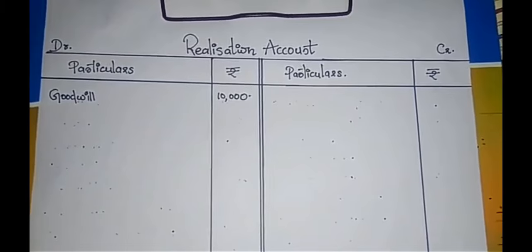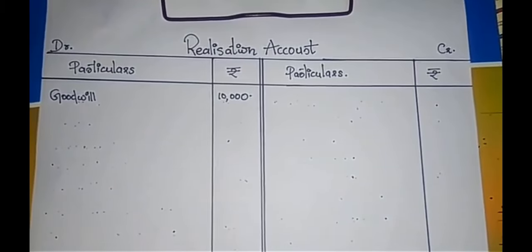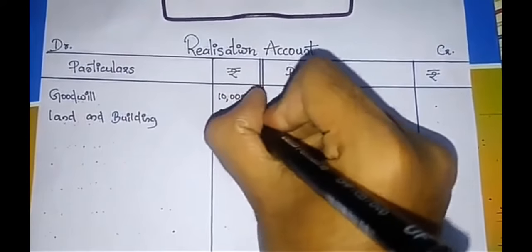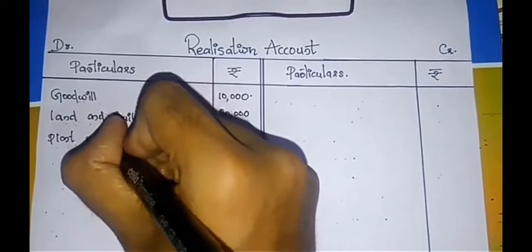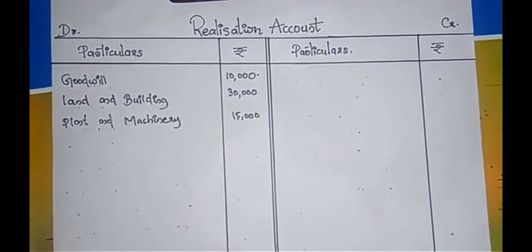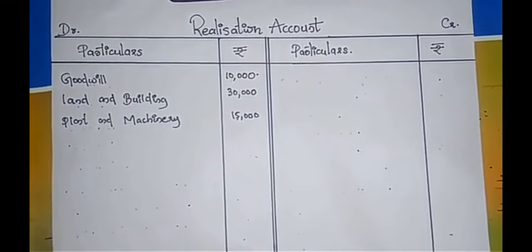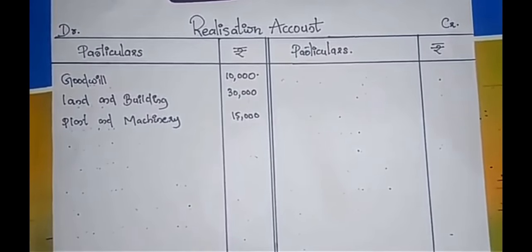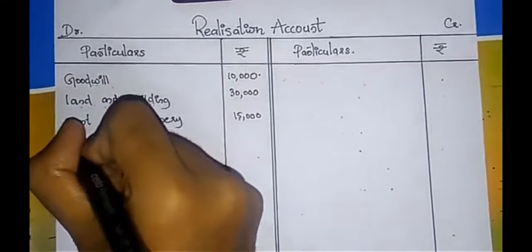Next item is land and building rupees 30,000. Plant and machinery rupees 15,000. Next items are stock rupees 20,000, joint life policy rupees 10,000 and debtors rupees 17,200.